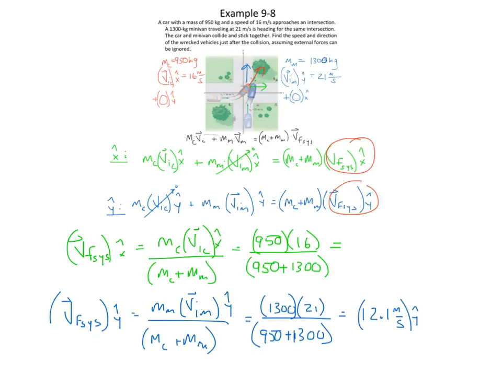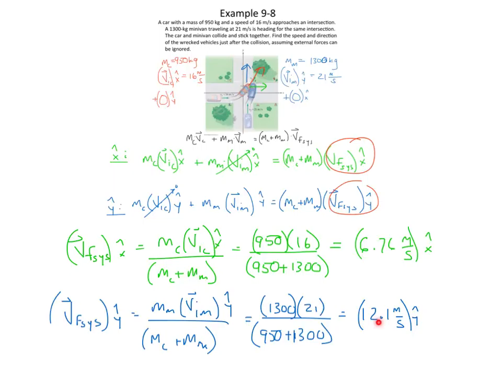For the x hat direction, I get a total of 6.76 meters per second x hat. Okay? So those are our components of the final velocity of that system right there. Now all we need to do is just combine them.